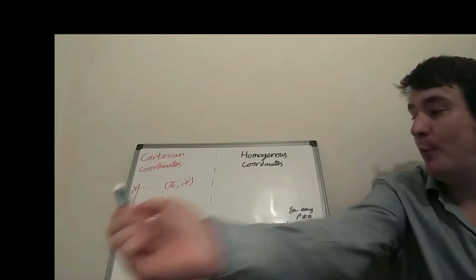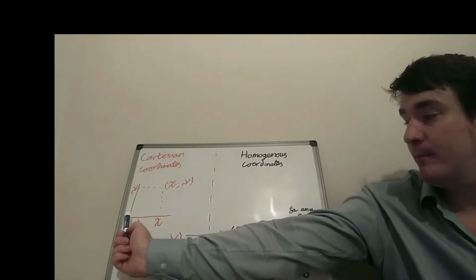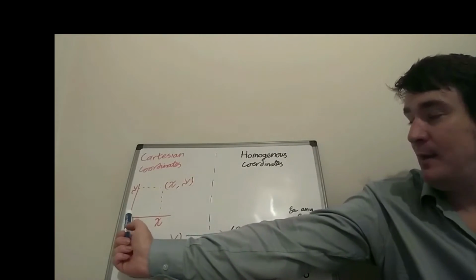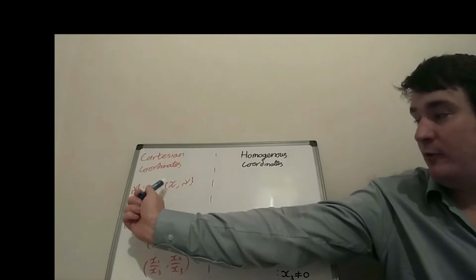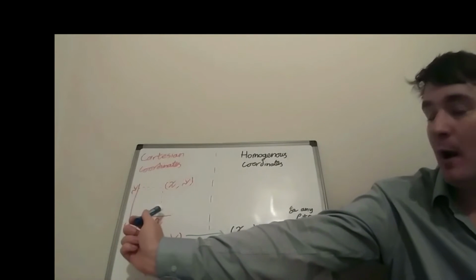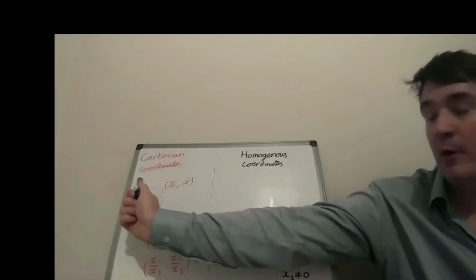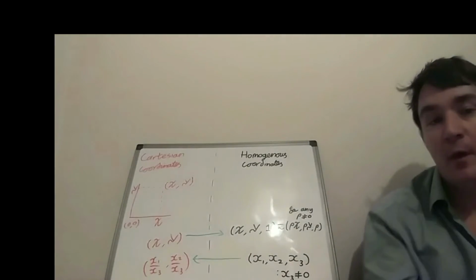So we have a special point called the origin, (0, 0) here, and any point on the plane is described by a pair (x, y), where x is the number of units to the right of the origin that point is, and y is the number of units up from the origin that point is.